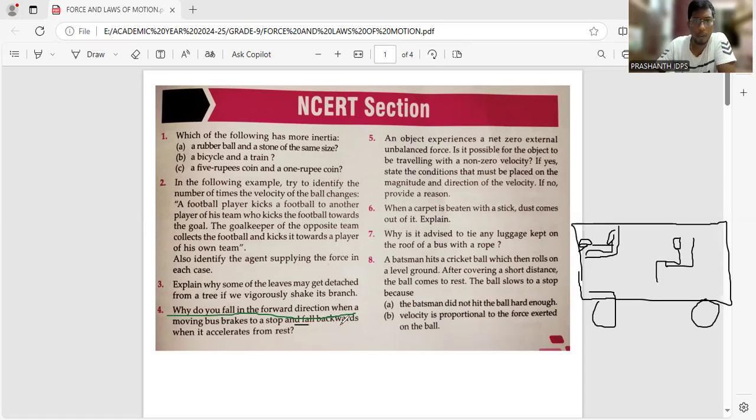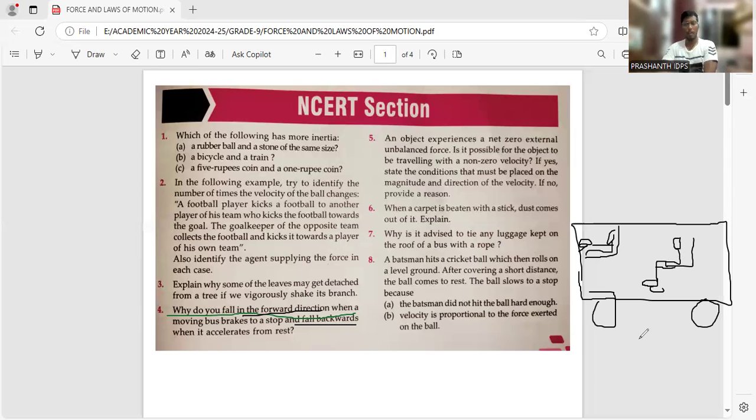There are two conditions: one is to fall in the forward direction, the second is to fall in the backward direction. We need to identify the reason here. So what happens when the bus is moving? If you observe, suppose these are the legs, his feet. The feet are in contact with the bus, right? I hope you understood.